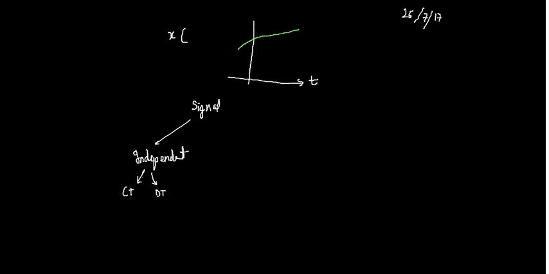It can also be classified based on the amplitude, or dependent variable. The dependent variable may be continuous. If it is continuous, it is called analog. If it is not, it's called digital.